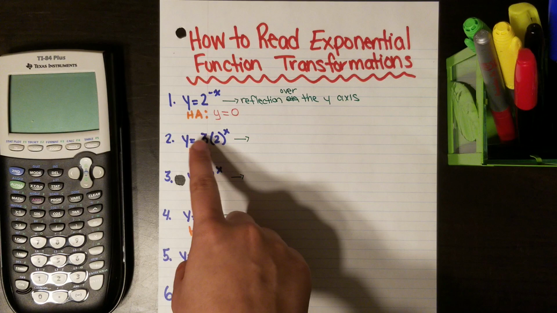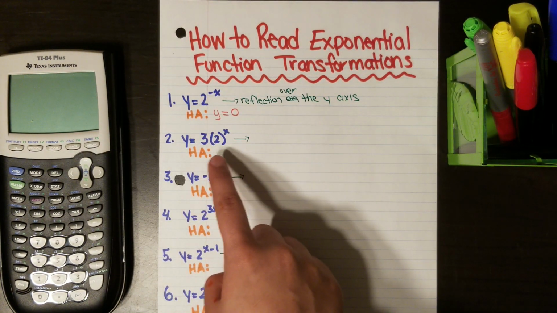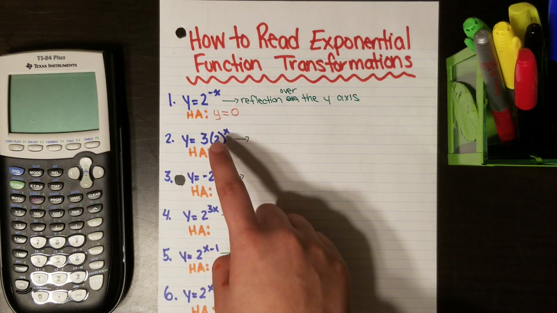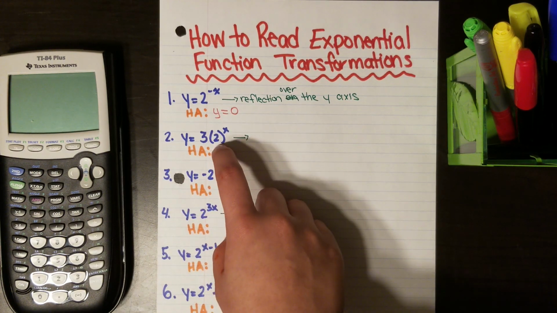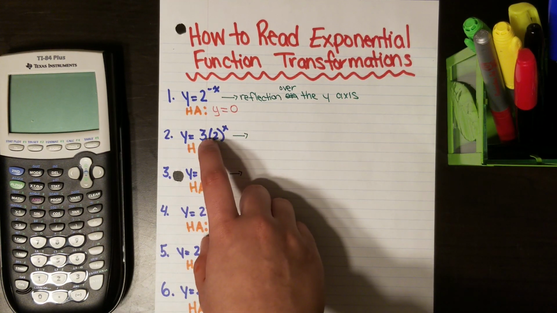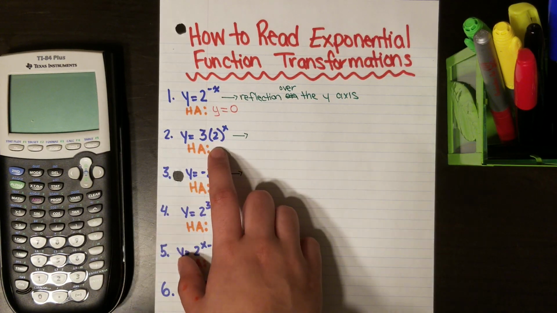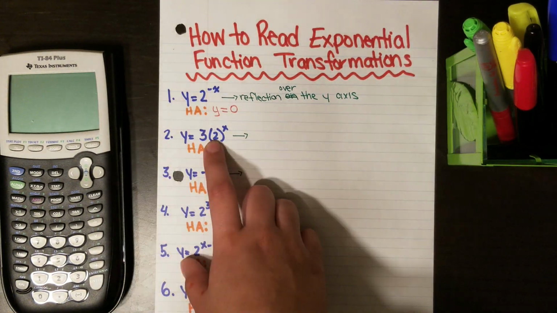I have y equals 3 times 2 to the exponent x. That 2 has the exponent x, not the 3. So whatever has the exponent is your base. Okay, so 2 is the base, and 3 is multiplied in this equation. And the number that comes before your base value is your vertical stretch value.